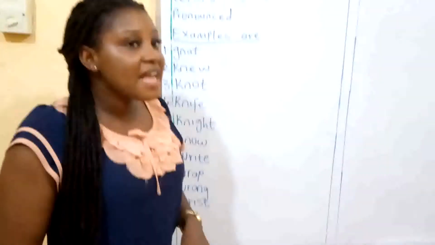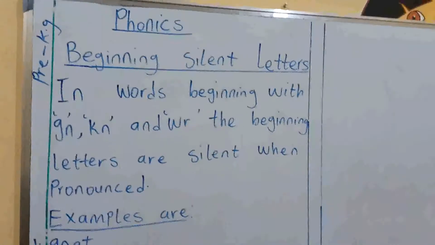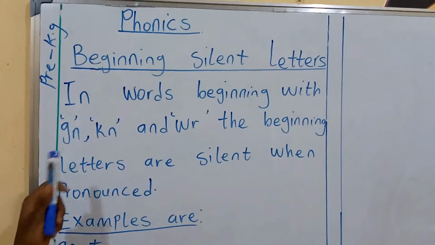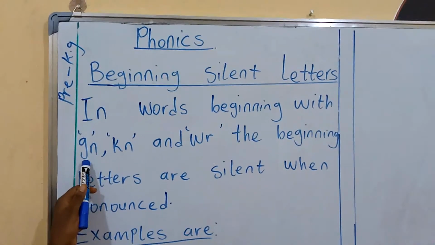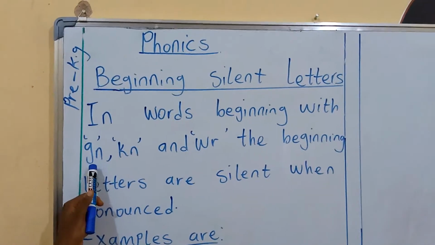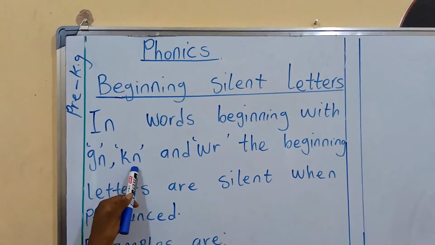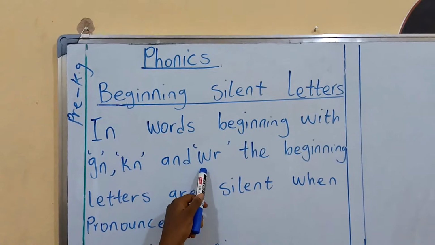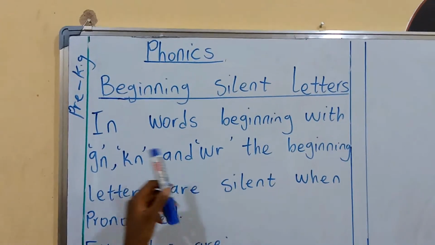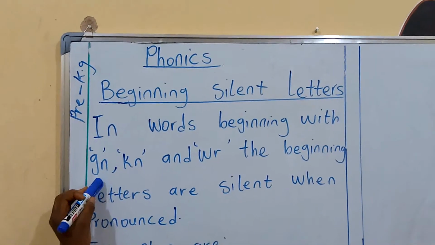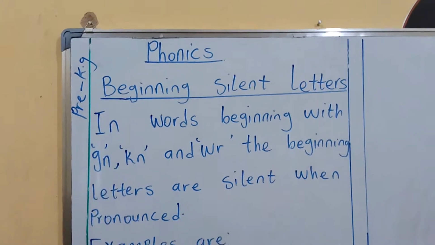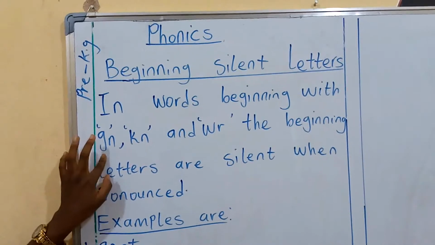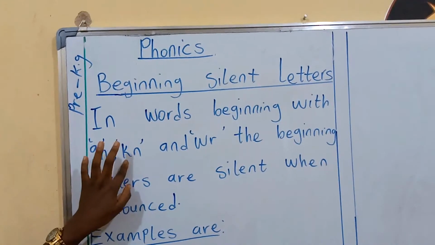So we said earlier that in beginning silent letters, when we are beginning words with these, this is G and N. This one is K and N. And the next is W and R. When we are reading words that begin with these letters, the beginning letters are silent, which means the G is silent, K is also silent.